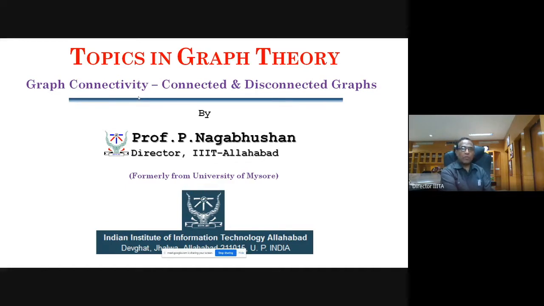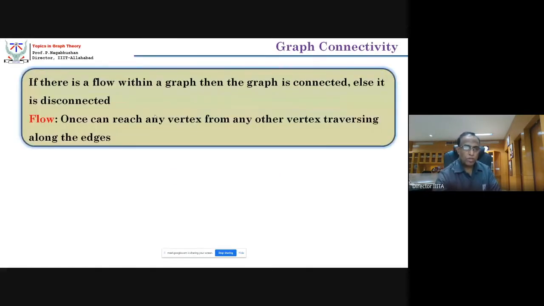For example, if you write 5, some people write 5 with the top edge as a disconnected edge. It's a disconnected graph. So if there is more than one component in the graph, then it is said to be a disconnected graph. If there is a flow within a graph, then the graph is connected. What do I mean by flow?